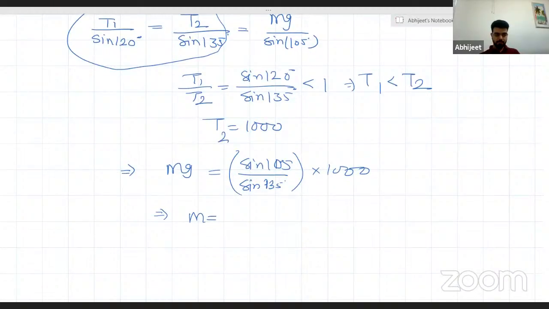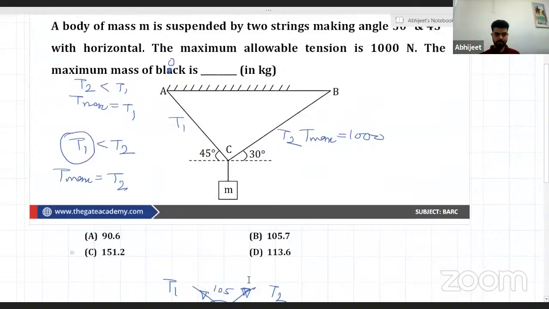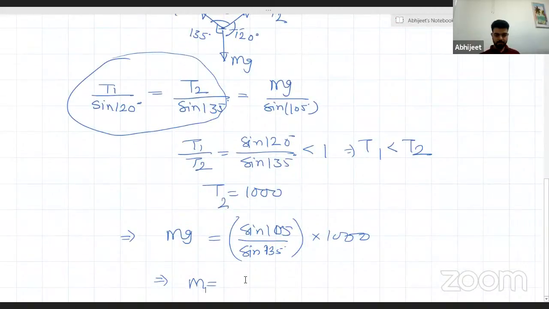Sine 105 divided by sine 135, into 1000 divided by 9.81. So 139.24. Is it correct? No, I think some correction is required.